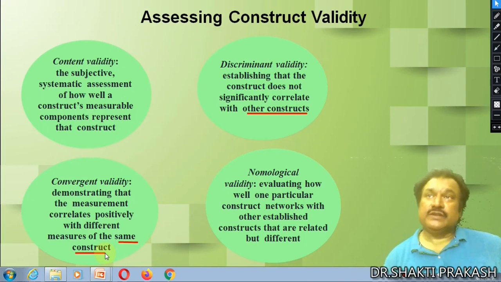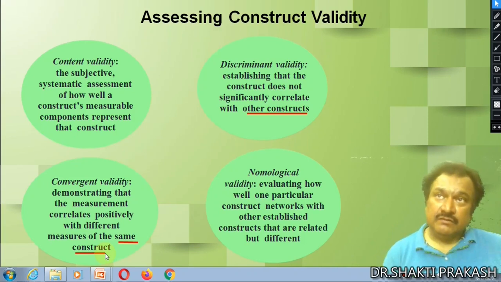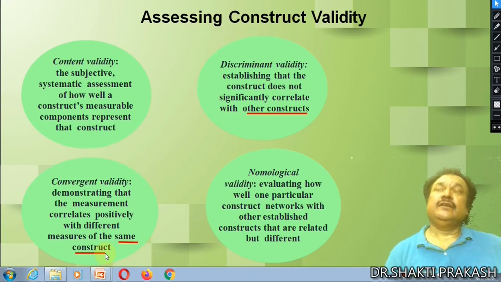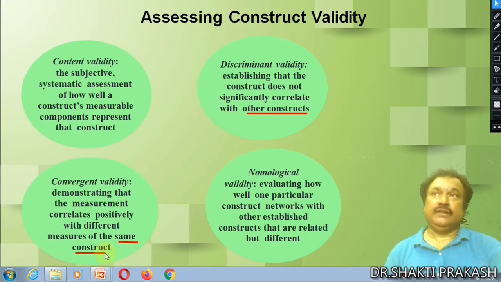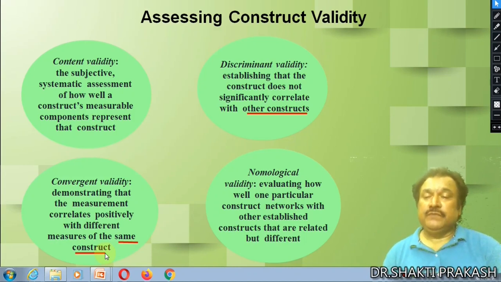Within the same construct, trustworthiness, a number of variables are there like reliability, honesty, loyalty, sincerity. These are the components of this construct, and there should be a high correlation. Convergent validity demonstrates that a measurement correlates positively with different measures of the same construct.